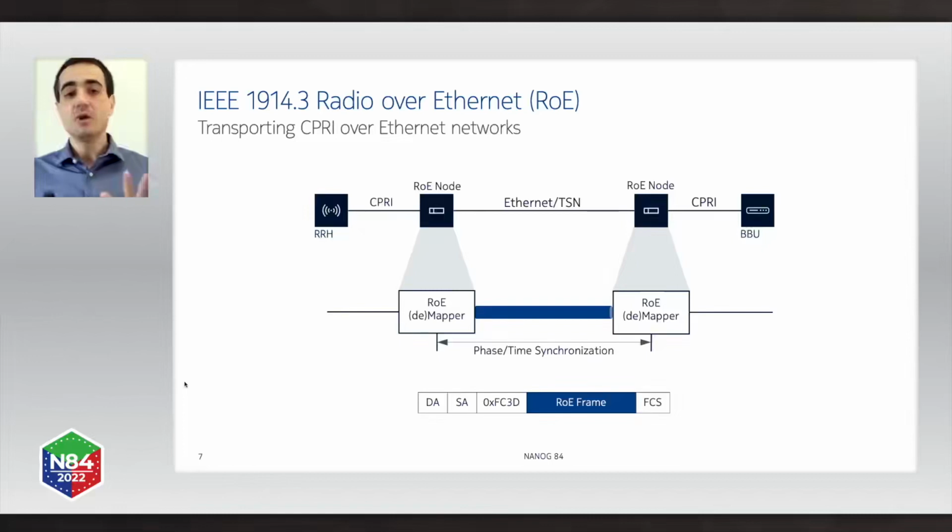But now, when we look at these nodes transporting CPRI over Ethernet, CPRI has a characteristic that, although it is a standard agreement, the actual implementations are proprietary in terms of each radio vendor. So you cannot mix the BBU and the RRH between two different vendors. That's the reality of 4G.